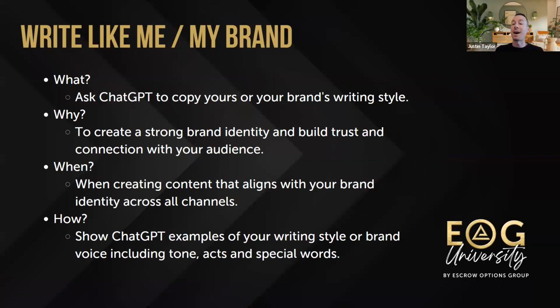So if you've created content in the past, let's just go with a blog post, that you liked the outcome of, you can put in there, write a blog article that matches the tone for my brand and writing style, just like this example here. And then you copy that other article or whatever it is, and you paste it in there.